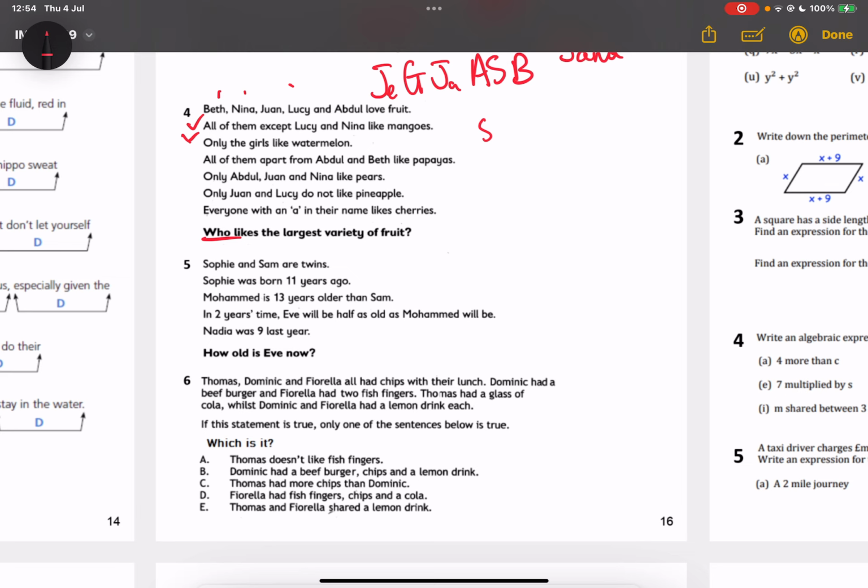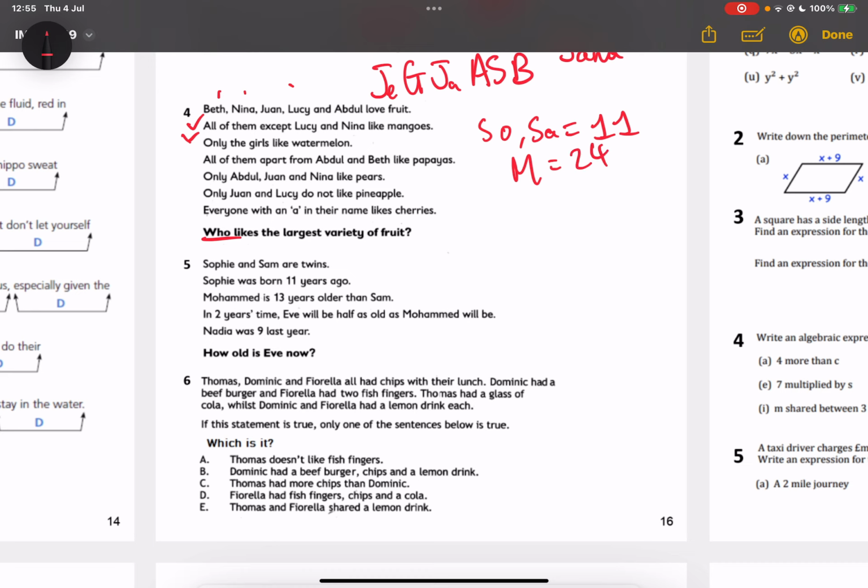So Sophie, Sam, and they're, okay, so Sophie was born 11 years ago, so she's 11. And then Mohammed is 13 years older than Sam, so he's going to be 13 plus 11, which is 24.